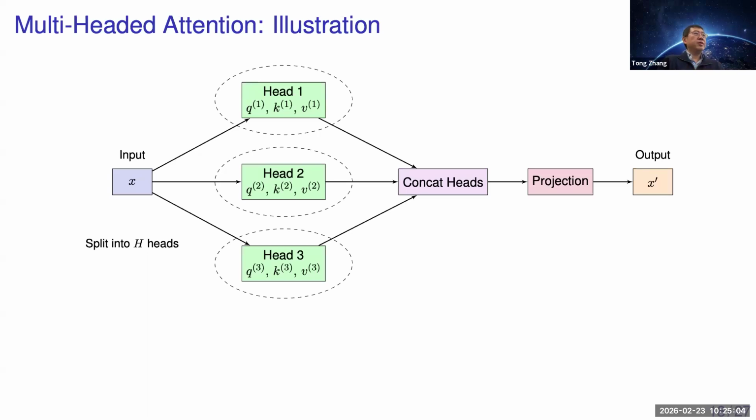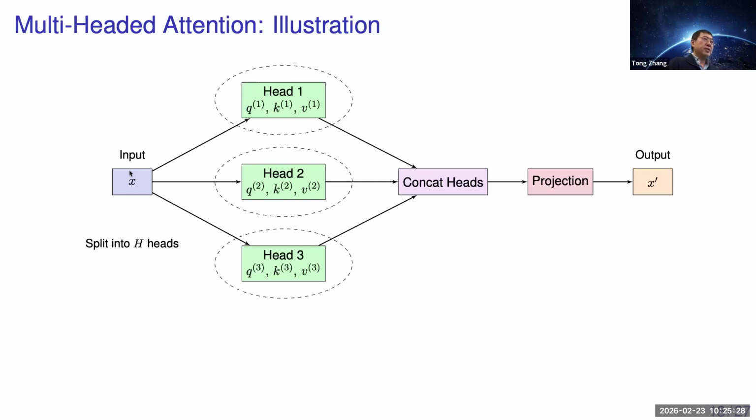Sometimes you need to focus on multiple different types of information in the sequence. How do you do that? You cannot do that with a single attention, because a single attention gives a fixed set of weights. You want variable weights focusing on different parts of a sequence. And this is where multi-head attention comes in.